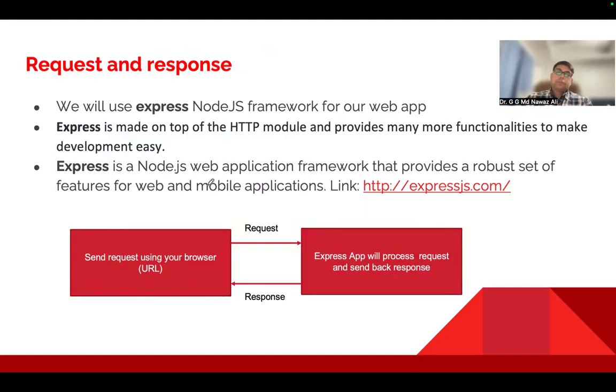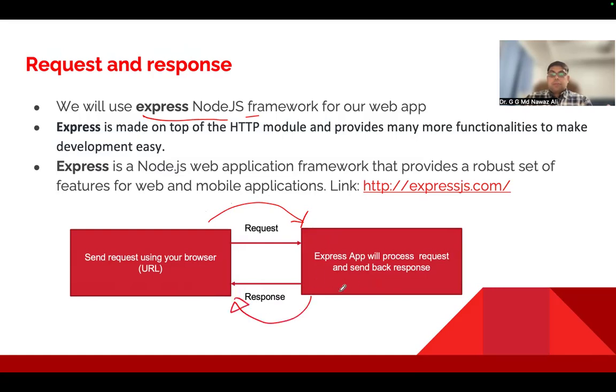Now Express. We are going to use the Express framework, which basically works on top of the HTTP web server that we have just seen. The user will send the request to Express, Express will extract the request information, and then it generates the response. Today we'll just send the response.